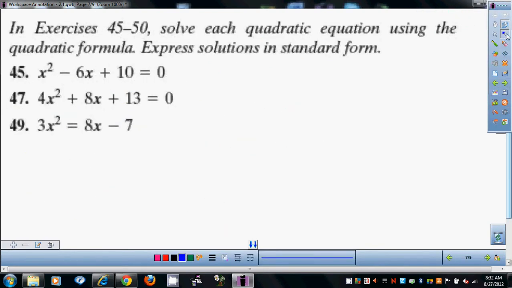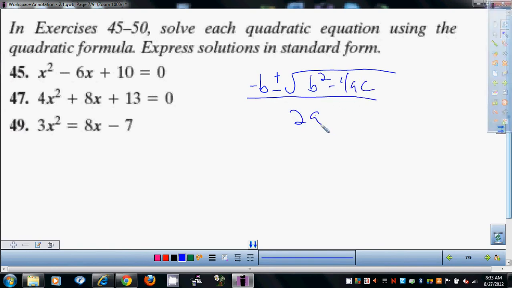Solve each quadratic equation using the quadratic formula. Ooh, I love these. Quadratic formula. Who remembers it? Yes, ma'am. Very nicely put. Excellent. That's exactly correct.